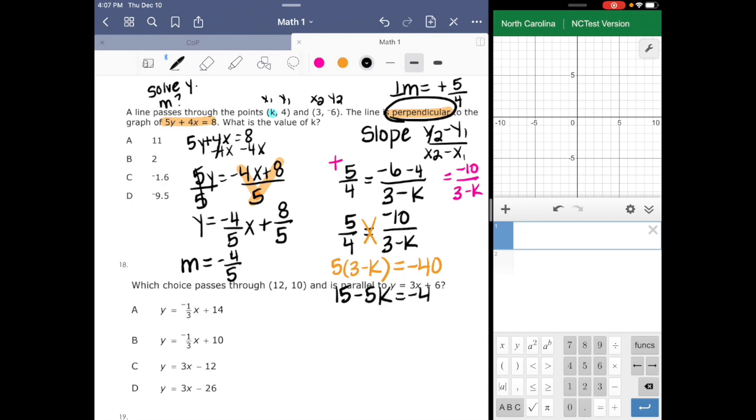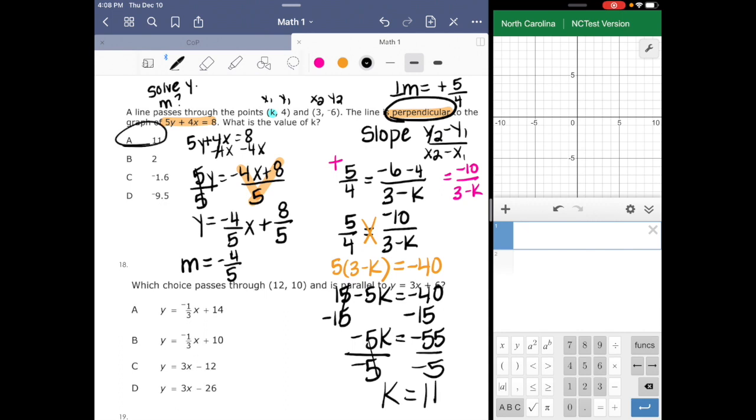So I have 15 minus 5k equals negative 40. And then I subtract 15. So negative 5k equals negative 55. And divide by negative 5. So k is going to equal positive 11. So my answer would be A.